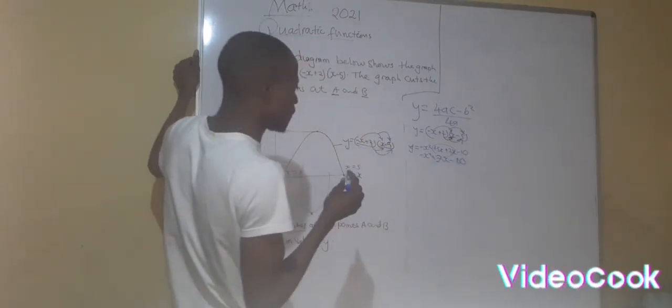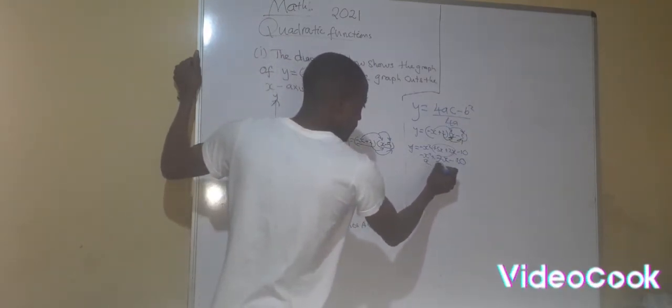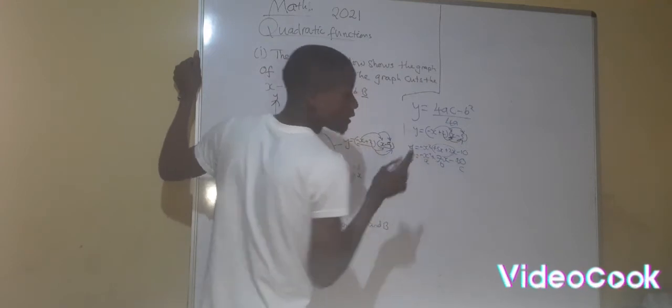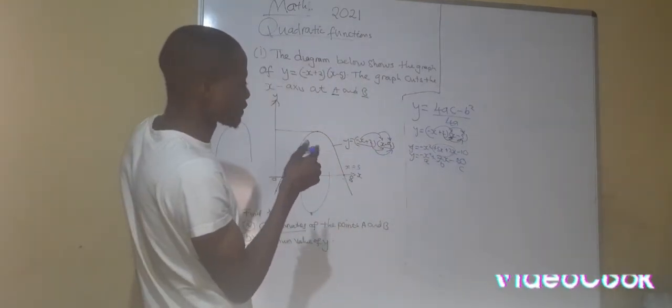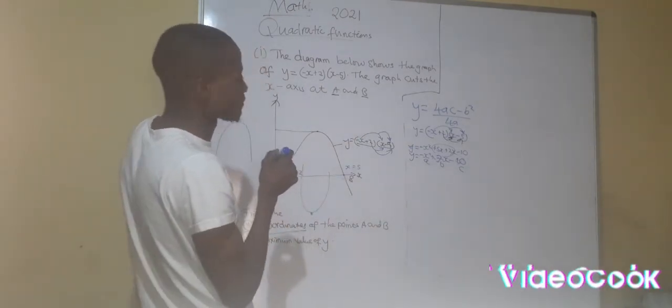Now, where there is x squared, that is where the a is. Where there is x is b, and the constant is c. Remember the quadratic equation, isn't it? So it's the same thing. Now we're just using the formula for the maximum value of y.